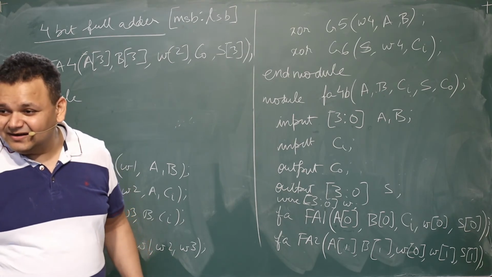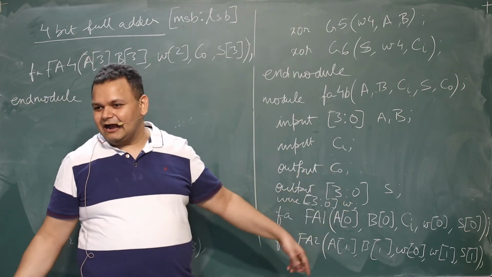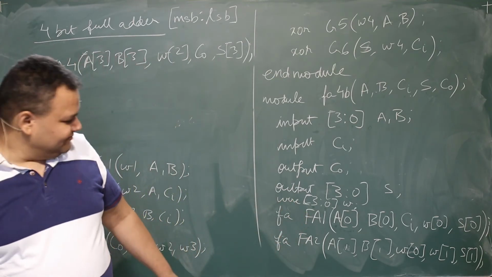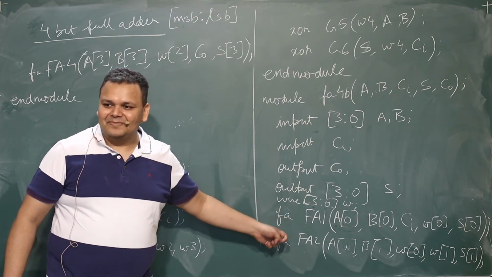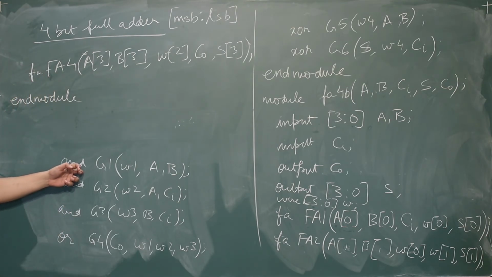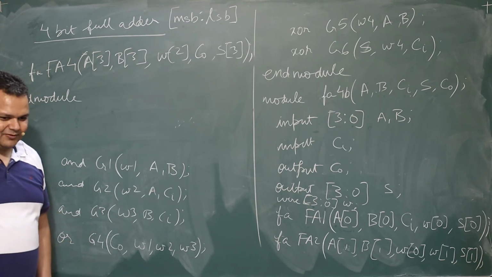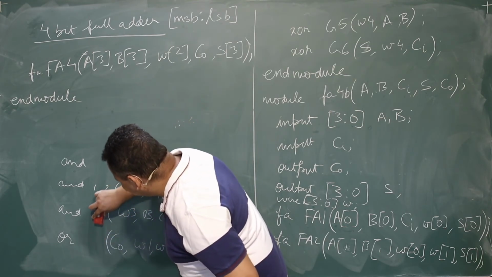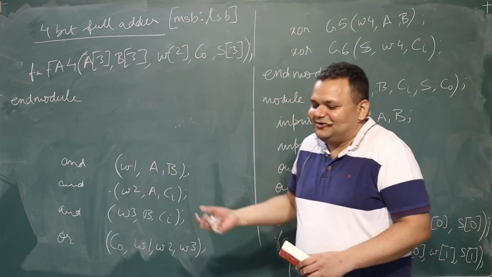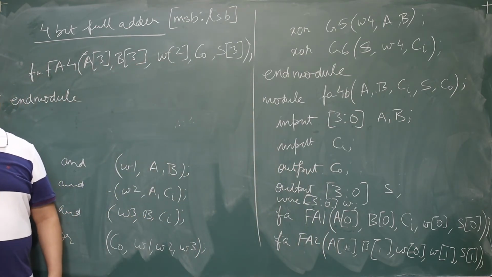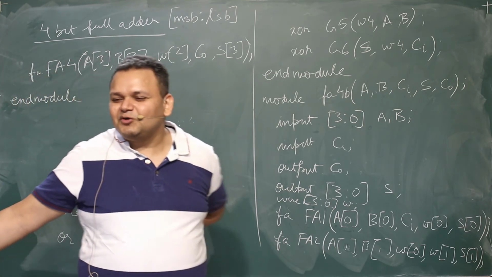But they are identical. FA1 is identical to FA2. Only the inputs and outputs are different. As far as the module is concerned, it is identical because all of them are FA. But you don't have to give the name. If you don't write these, it will still work, just without a name.